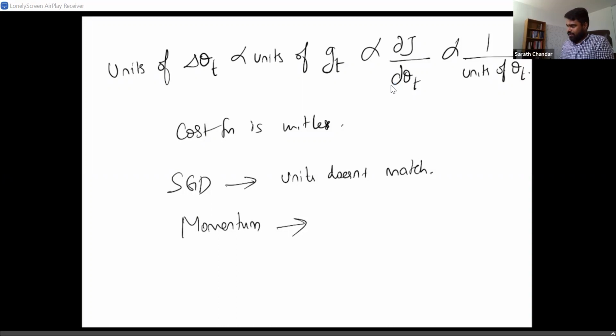As a recap, theta is equal to theta minus Vt, where Vt is given by gamma times Vt minus 1 plus eta times the gradient.